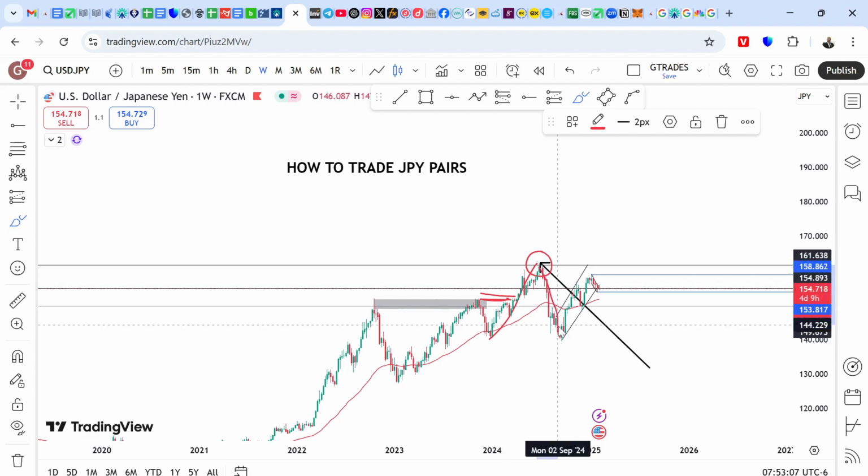Now price came back. So even if price was breaking some of this structure here, this is structural liquidity. So price hasn't taken out this particular low that gave rise to this particular high. So what price did, it came here to respect this low as a double bottom.